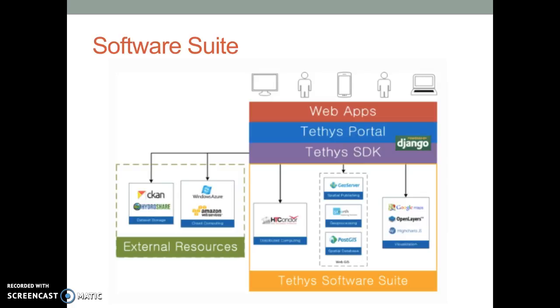Tethys also provides gizmos for inserting OpenLayers and Google Maps for interactive spatial data visualizations in your web apps. The software suite also includes HTCondor for managing distributed computing resources and scheduling computed jobs.